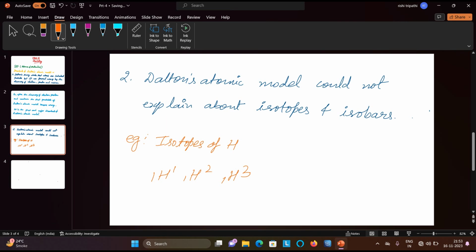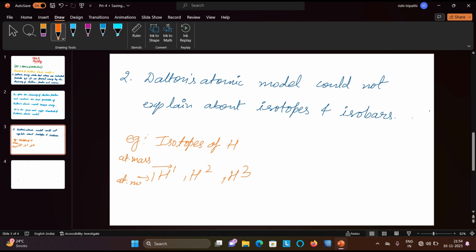The third postulate of Dalton's atomic model was that atoms of the same element will have the same mass and chemical properties. But here the atoms of the same element, hydrogen, have different masses. So when isotopes came into the picture, the third postulate became wrong.